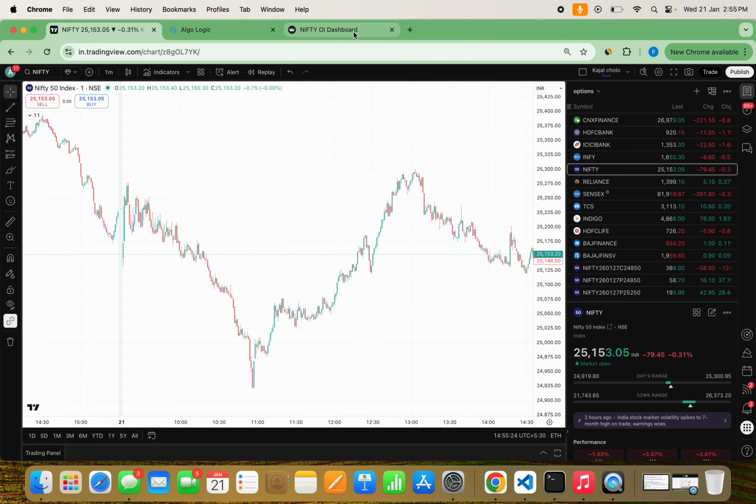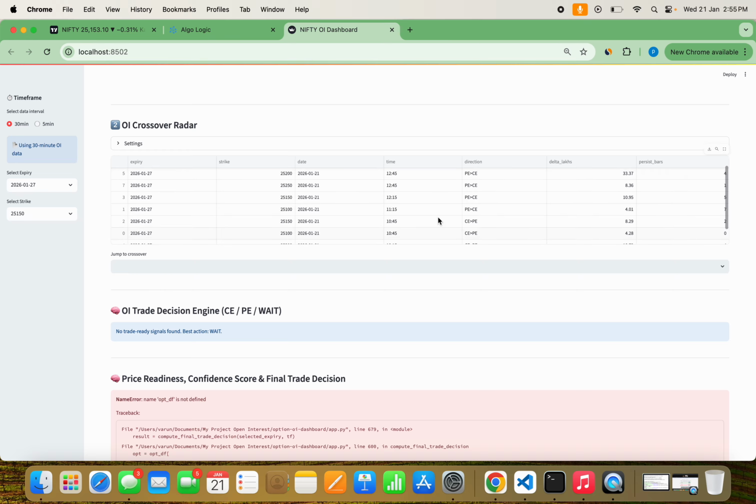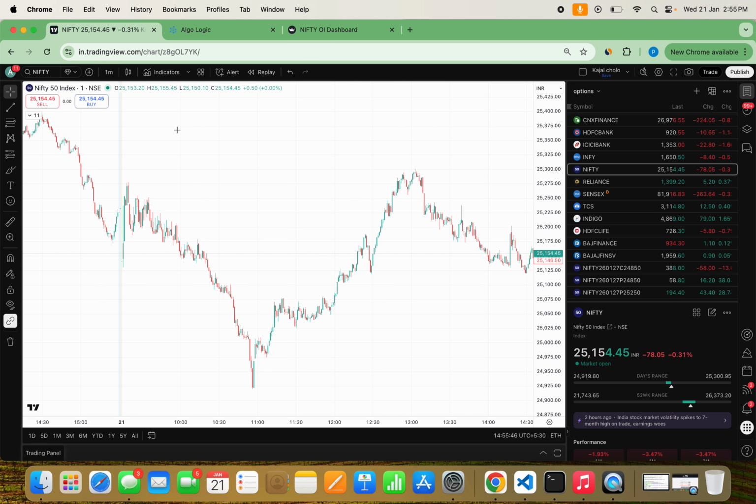So let's see whether this particular system of ours tells us when to make the entry. At 11:15 it is telling that you should make the entry at CE 25,000. Let me see 11:15, 25,000.